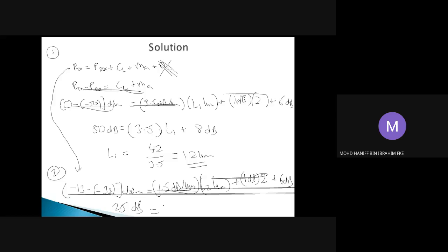We have 1.5 of L2 plus 8 dB, so L2 equals 17 divided by 1.5, and this will give us the distance allowed for system number 2 equal to 11.3 kilometers.